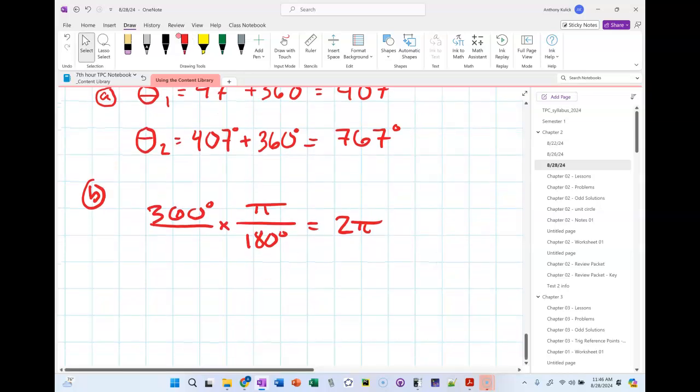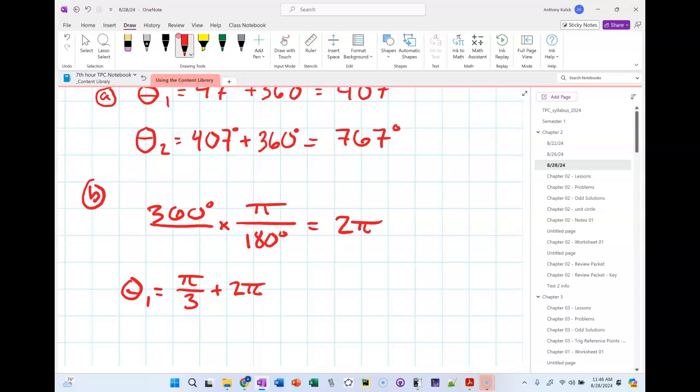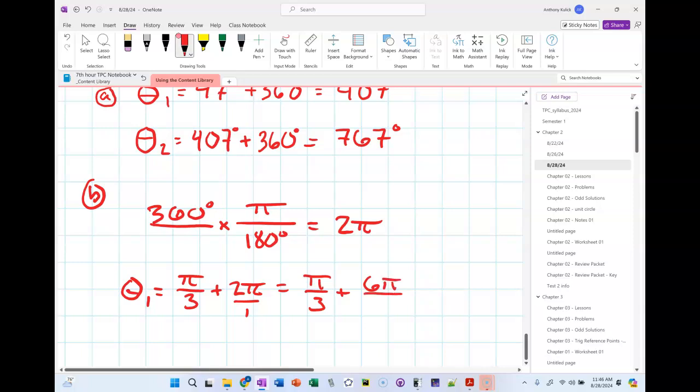So now I can do pi over 3 plus 2 pi. To add pi over 3 and 2 pi, what do I have to have? A common denominator. What would the common denominator be between them? 3. So if I multiply 2 pi by 3 over 3, I get 6 pi over 3. Everybody's cool?